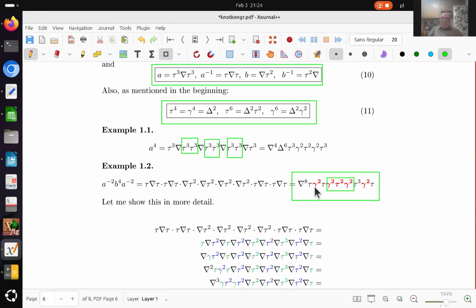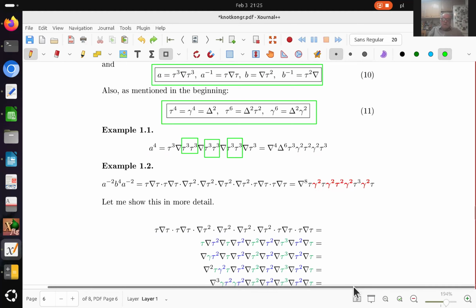Now, if you look at it properly, you will see that tau to an odd exponent will only appear when a part of the original product meets a b part. So here you have 2 places like that. Let's erase this. You have a single tau here and a single tau cube here.